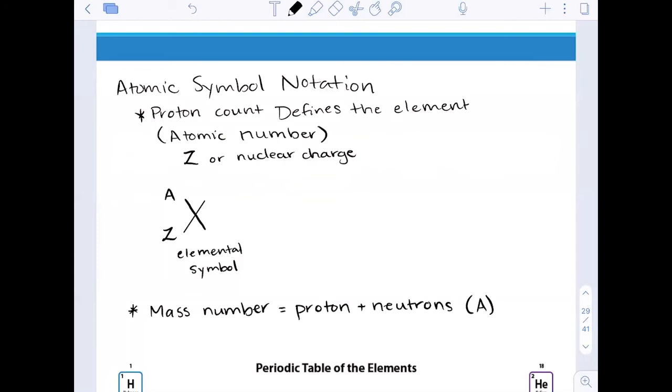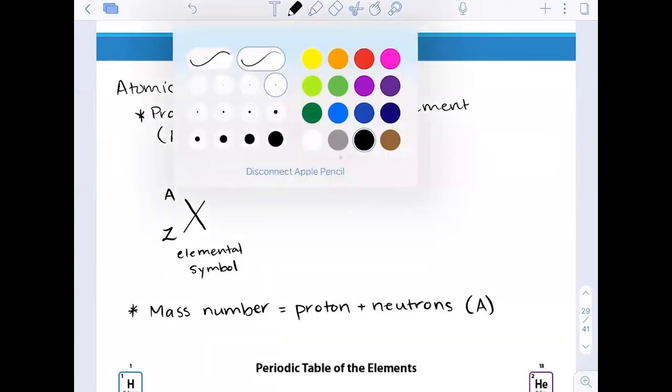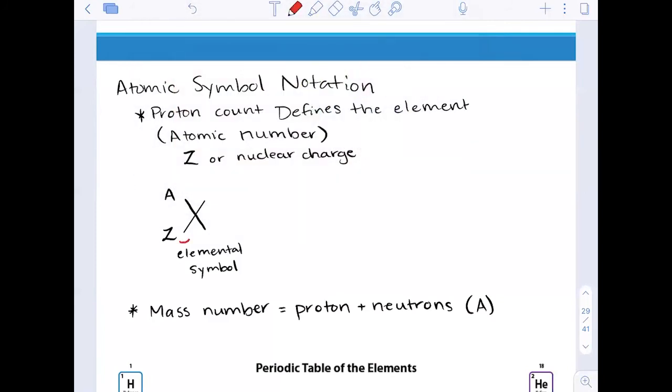The chemical symbol is always linked with our Z, our atomic number. You can't change one. If I say, what's atomic number 1 on the periodic table, it always has to be hydrogen. If I say, what's atomic number 6, it always has to be carbon.